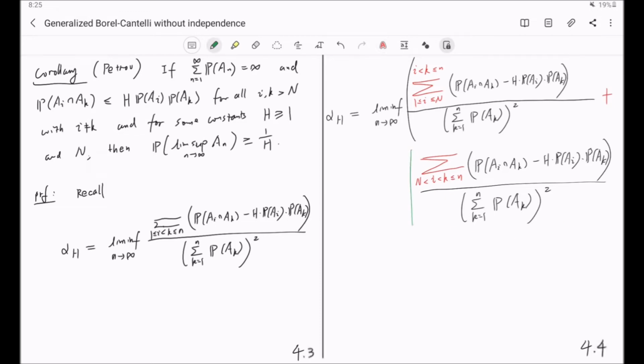So the second part is non-positive. Now let us look at our first part. Now I claim that our first part will go to 0 as n goes to infinity.